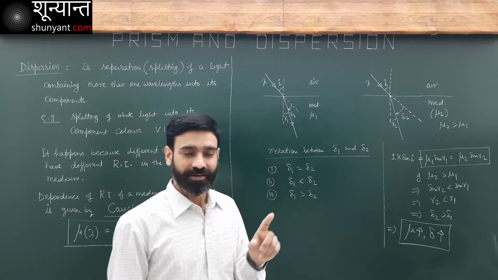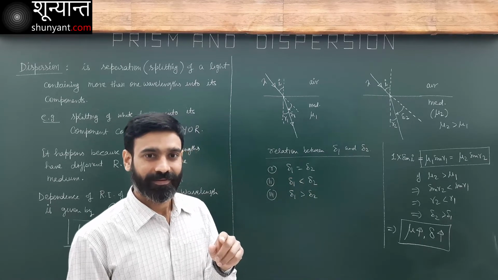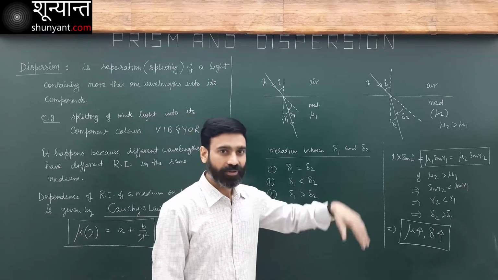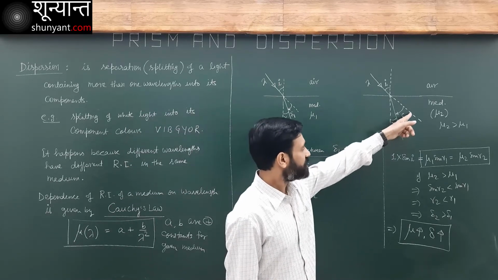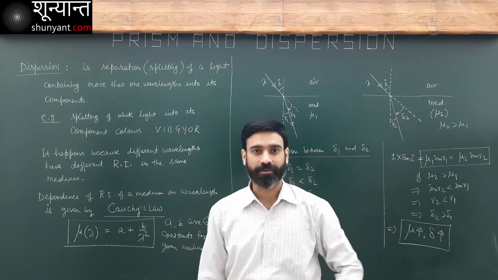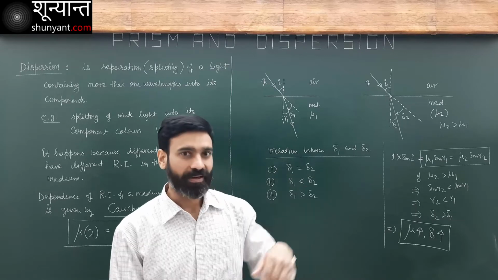Now you can create one connection here. The refractive index of a medium is related with its bending power. The more the refractive index, the more the bending. This deviation is nothing but bending of light. More deviation means more bending.